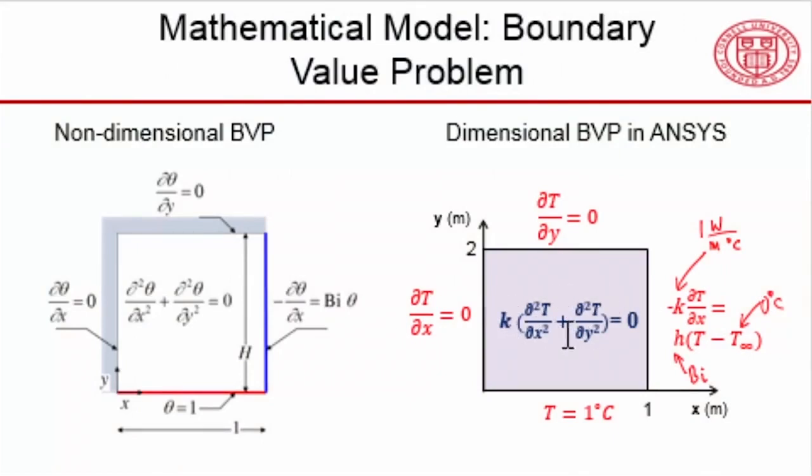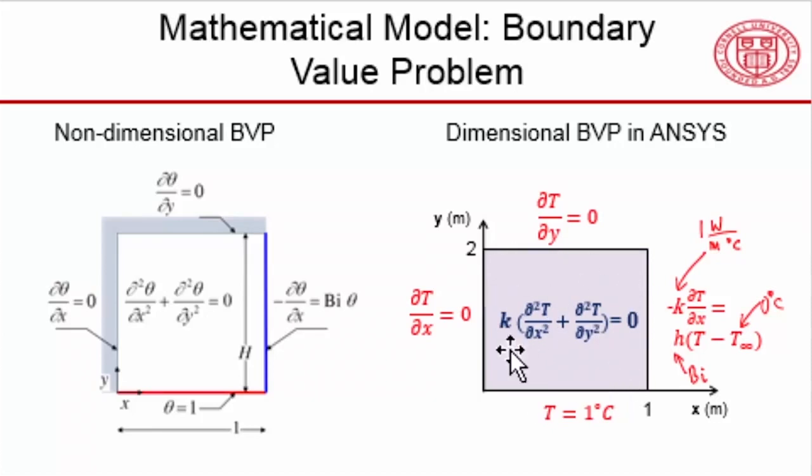ANSYS knows that that's the governing equation we want to solve, because we have dragged steady state thermal, and we have set the analysis type to 2D under geometry. So that's turned on, and it's using K for structural steel by default, but K doesn't matter in the governing equation, so I'll leave K alone for now.